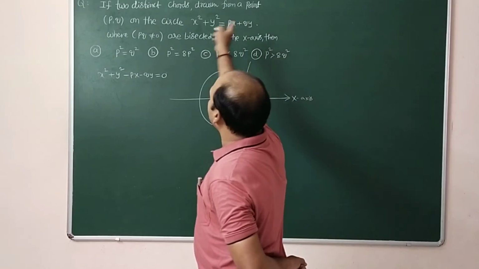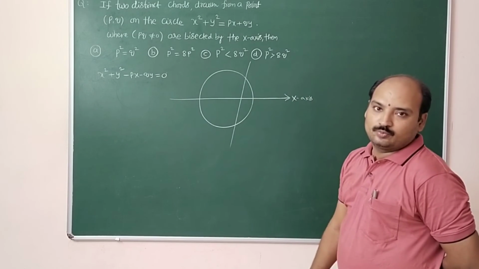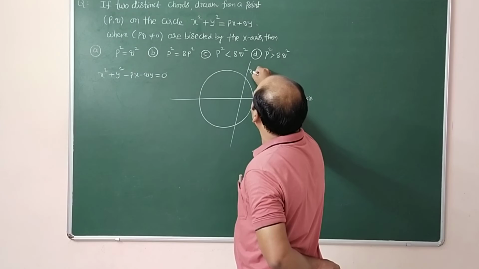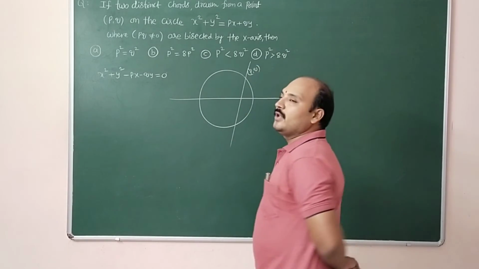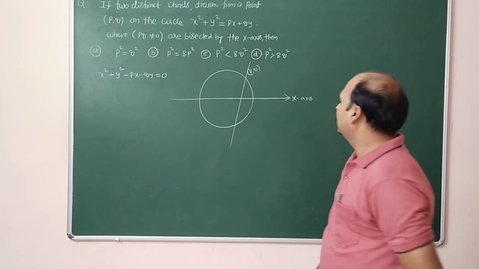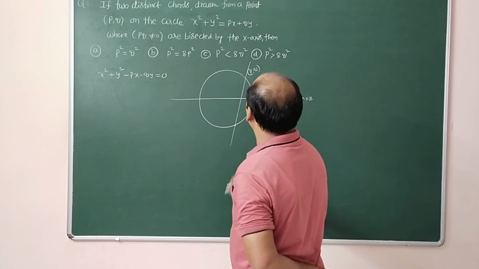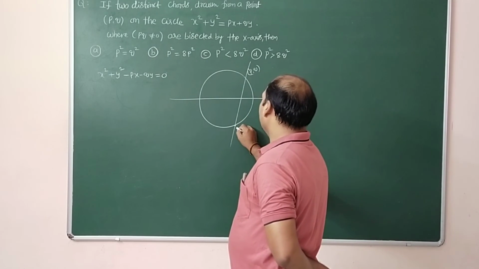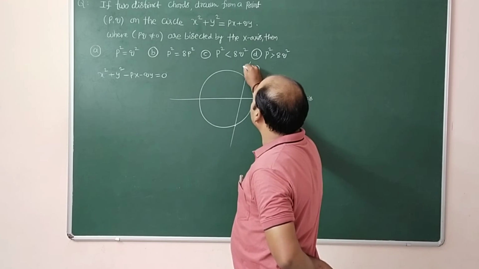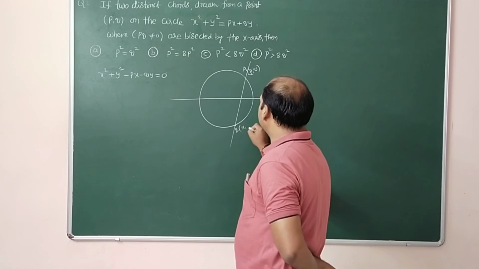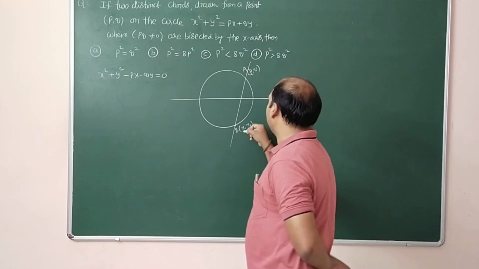The chord is drawn from the point (p, q). Let us consider the other end of the chord as some point A, and here some point B. Take that as (x1, y1).